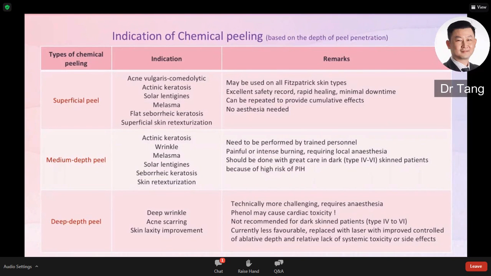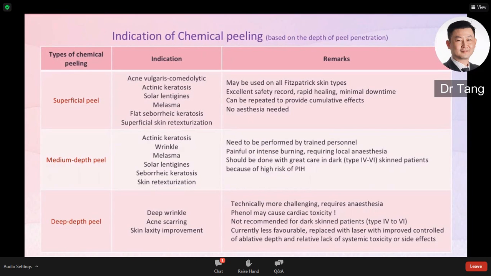And it can be painful and associated with intense burning, and therefore it may require local anesthesia. And it should only be done with great care in darker skin patients with Fitzpatrick type 4 to 5 because of higher risk of post-inflammatory hyperpigmentation.